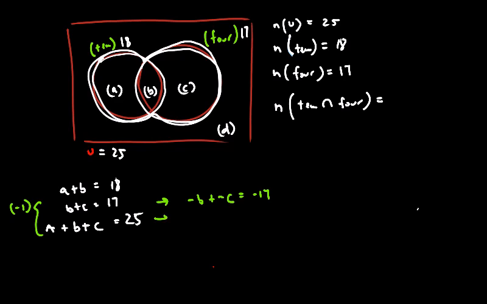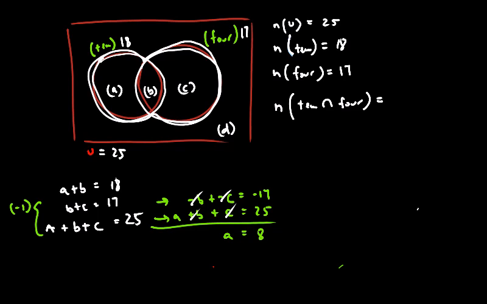Then we bring this one over: A plus B plus C equals 25. When we add these two together, these cancel, these cancel. -17 plus 25 gives us 8. And so we find that A equals 8.